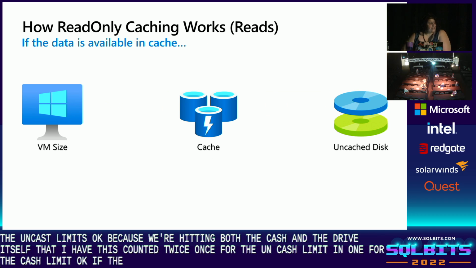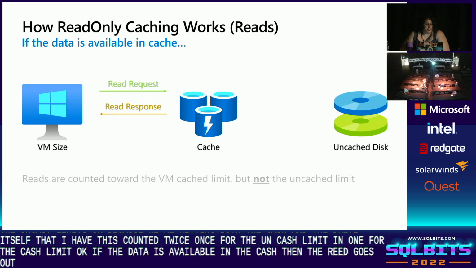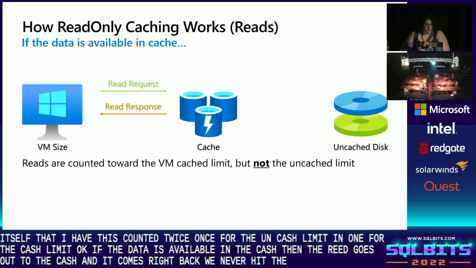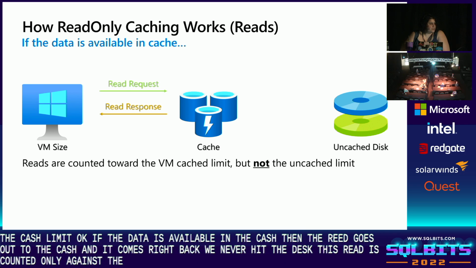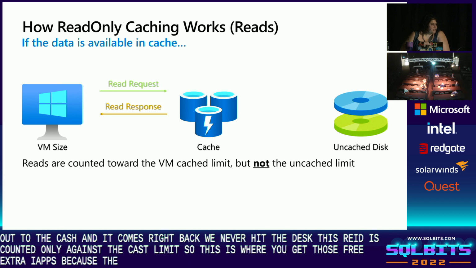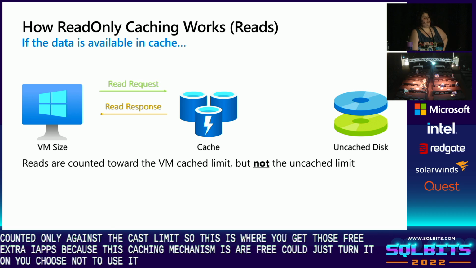If the data is available in the cache, then the read goes out to the cache and it comes right back. We never hit the disk. This read is counted only against the cached limit. So this is where you get those free extra IOPS, because this caching mechanism is all free. You can just turn it on. You can choose not to use it, but then you're leaving I/O on the table, because we'll give this to you for free.